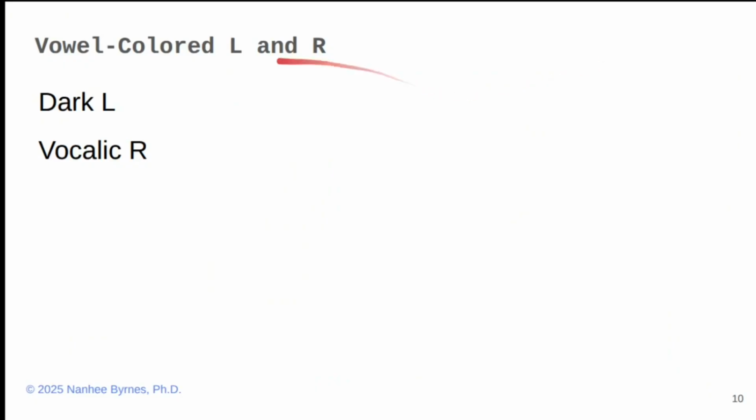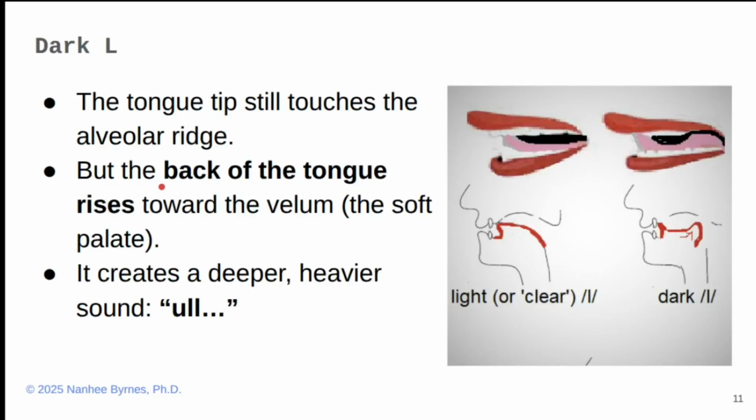Vowel-colored L and R. Dark L. The tongue tip still touches the alveolar ridge, but the back of the tongue rises toward the velum, the soft palate. It creates a deeper, heavier sound, ull. Not a quick ull, but a continuous ull, with the sound flowing steadily.